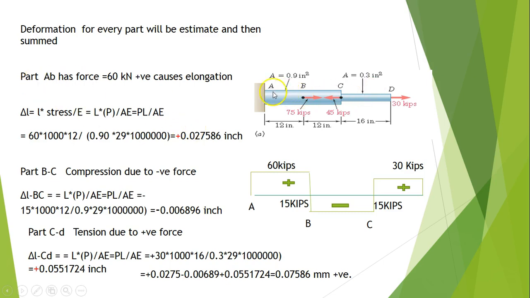Part AB, this part, we have a tension force of plus 60 kips, and we have an area equal to 0.9 inch square, keeping in mind the relation that delta L over L multiplied by stress over strain will give us the deformation.